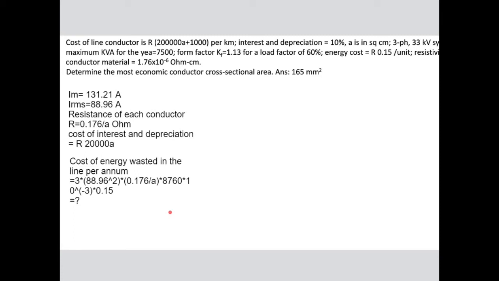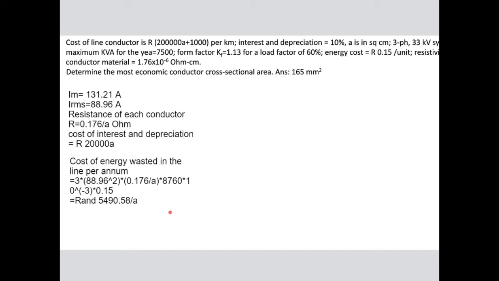Tell me the value. 5490.58 over A. That many rand. Sometimes to write here rand.